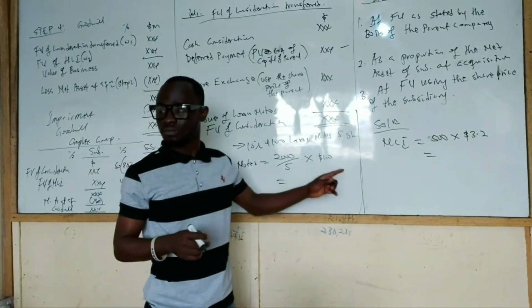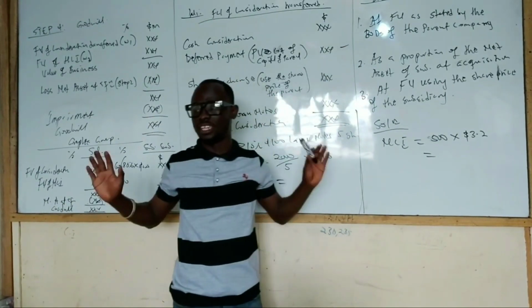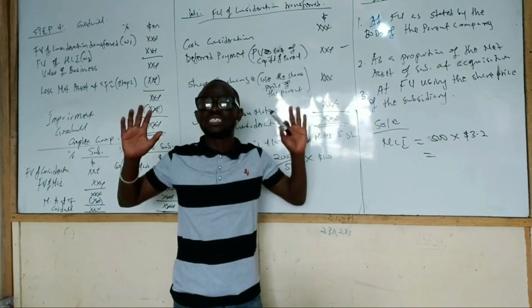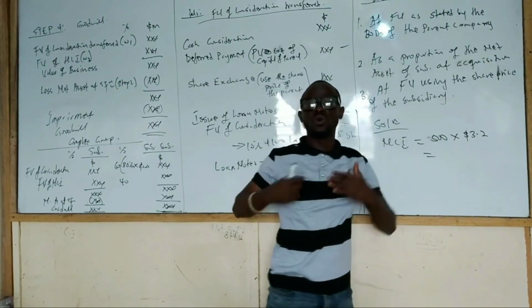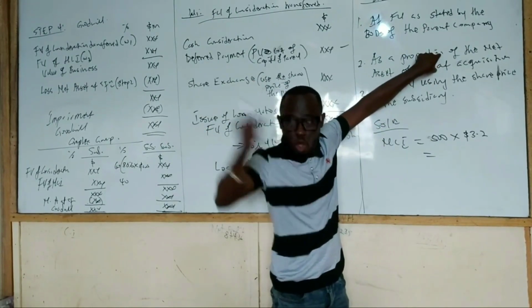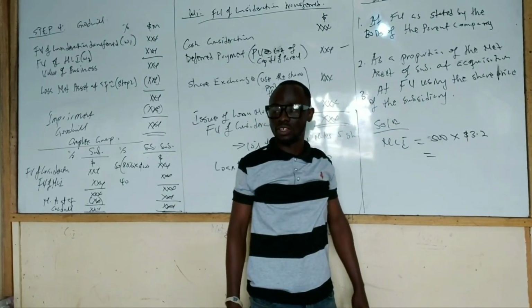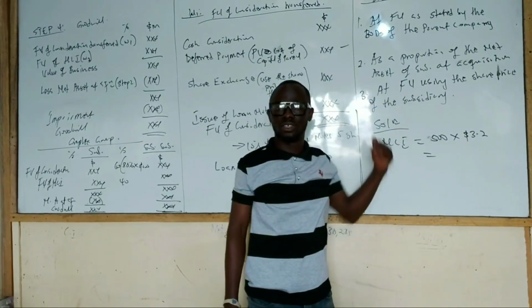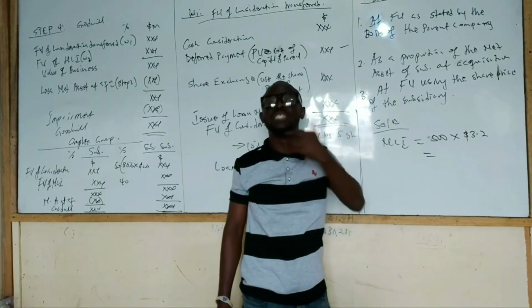It will be stated which method you are supposed to use for the NCI evaluation. If the examiner is quiet, then he will give you the value. But if he wants you to work, then he will say either as a proportion of the net asset or using the fair value of the subsidiary. This format, which one to use, will be stated in the question.